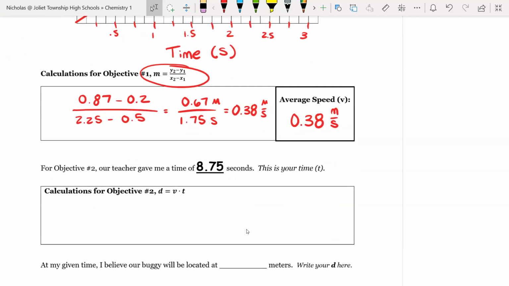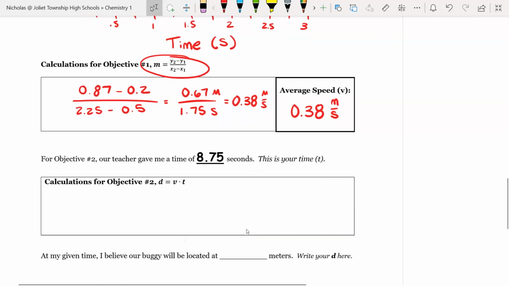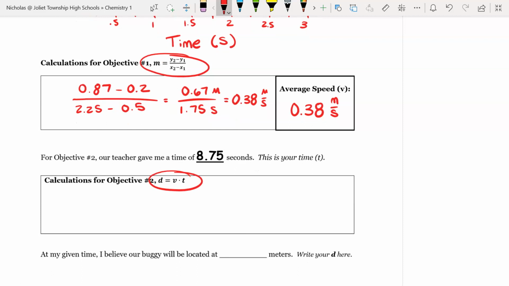Now, the next part. So we know over that distance that our buggy was traveling on average about 0.38 meters per second. So the challenge in the second part of this lab is taking your velocity and your time and trying to figure out where the buggy would be at a certain time. So I've already given you the equation here.